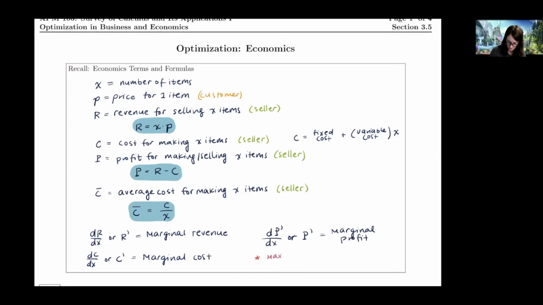And these occur when the marginal, the derivative, changes sign. And we know that in our function world, in the context of just graphs or functions, the maximum or minimum occurs when we have a critical number. We make a sign chart and we see the function turns around. The derivative is positive then negative, or negative then positive. We would have a max or a min at those places.